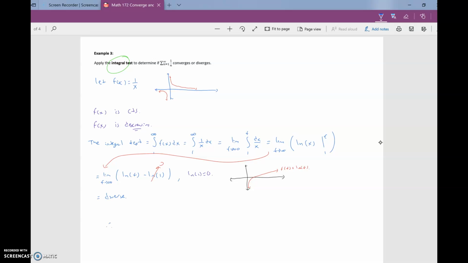And therefore, our main conclusion is that the sum from n equals 1 to infinity of 1 over n also diverges by the integral test.